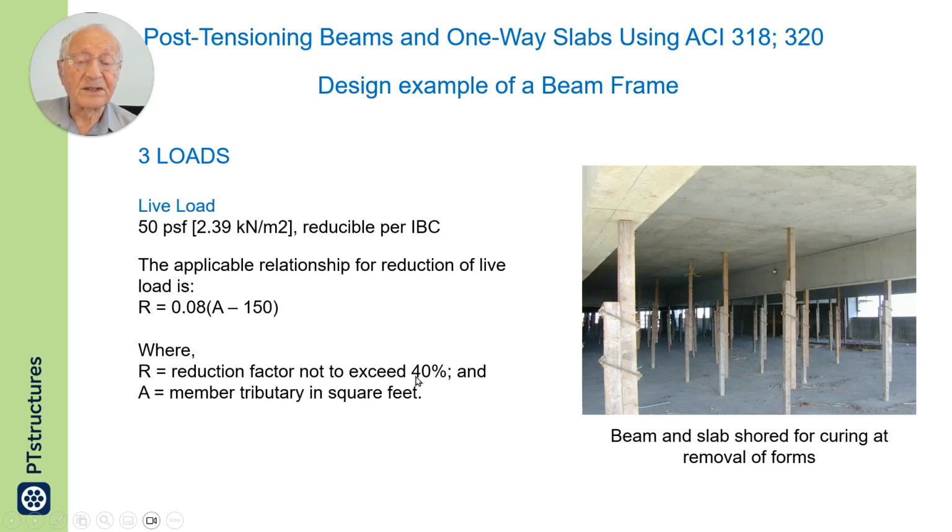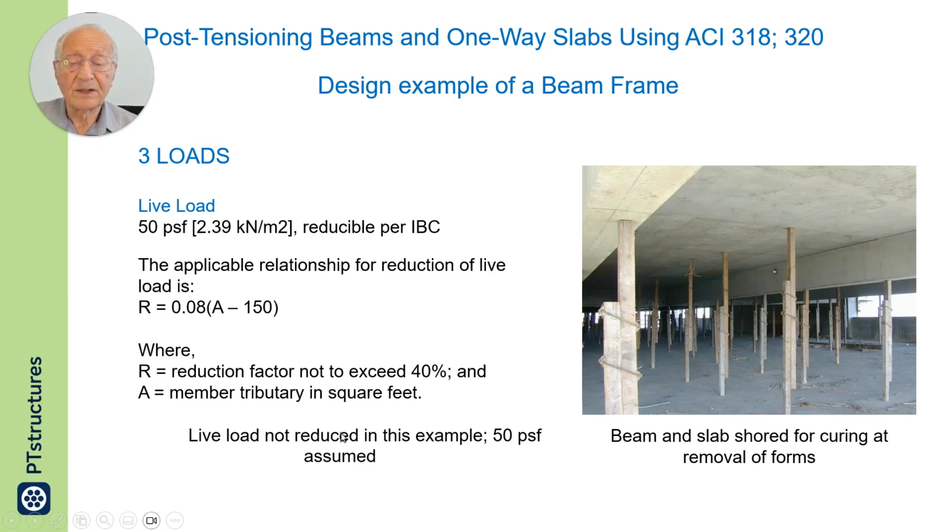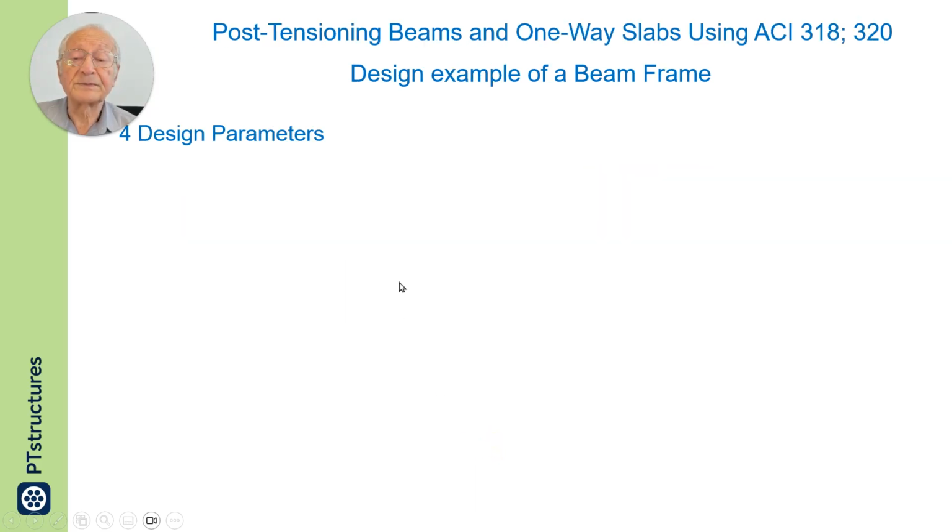It is based on the area over which the live load applicable to the member under design is being applied. So in this case, the live load is not reduced, I have assumed 50 pounds per square foot. Next, allowable stresses.